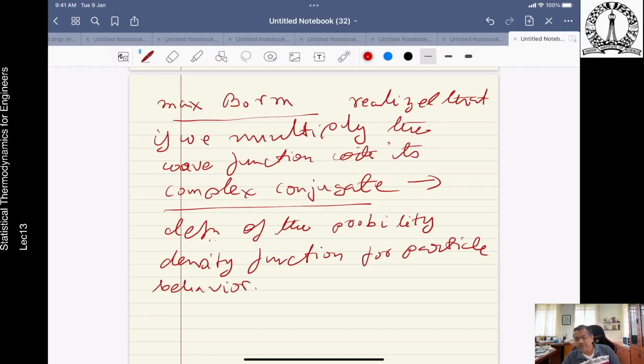Provided, so itself it does not mean anything, but it provided a probability. So basically, if you multiply psi by its complex conjugate psi star, this offers the probability density, PDF basically, for the particle.